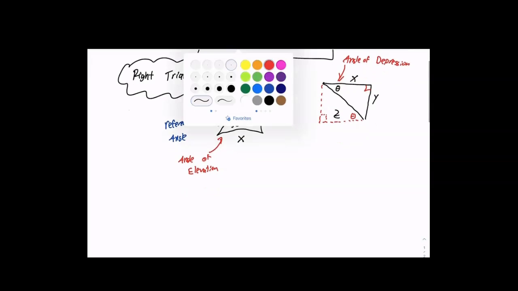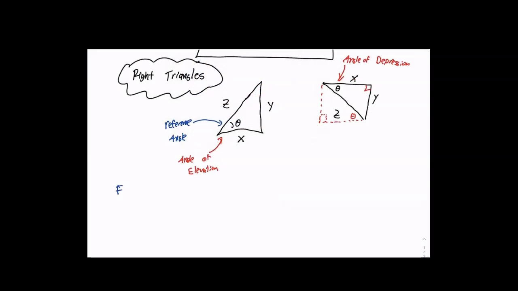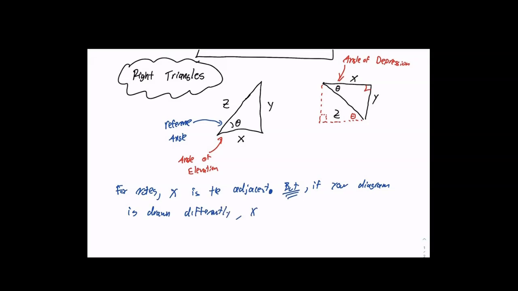In these notes, x is the adjacent, but if your diagram is drawn differently, x may be the opposite.